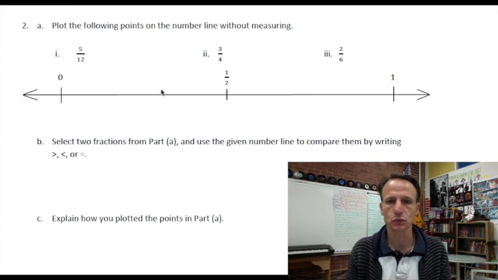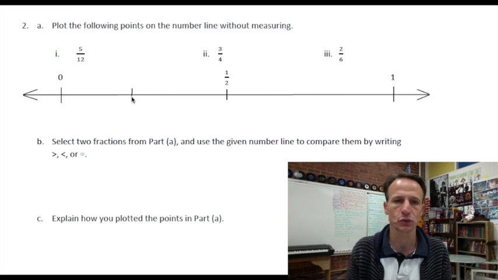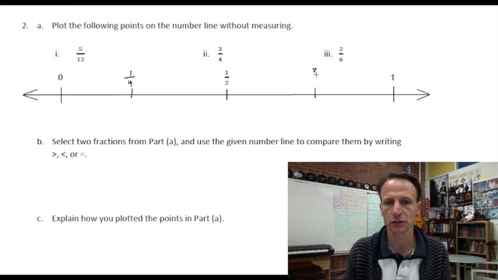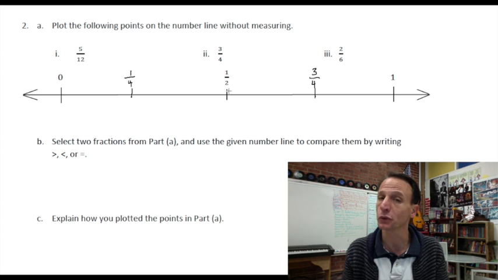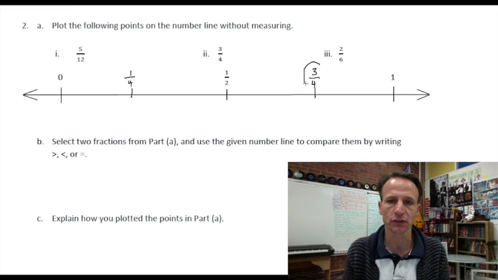So look, this is 1/2. That means halfway between is 1/4. And halfway between 1/2 and 1 is 3/4. If you're wondering where I got that from, look, 0/4, 1/4, 2/4, equivalent fraction, 3/4, 4/4. You see how that works? So there's 3/4.